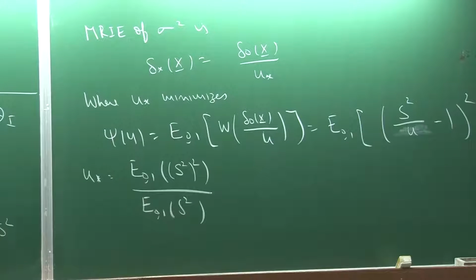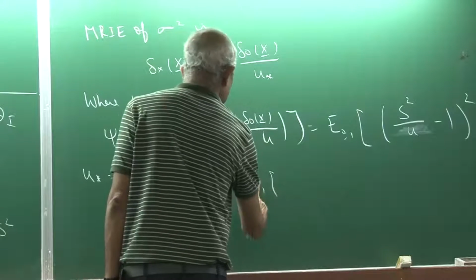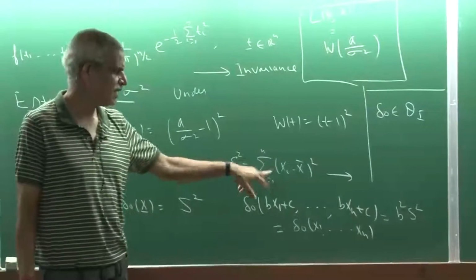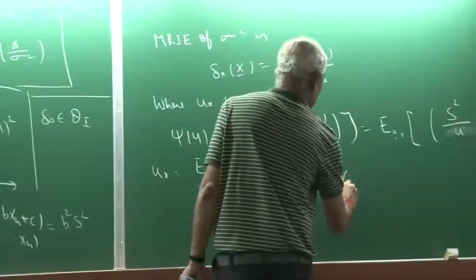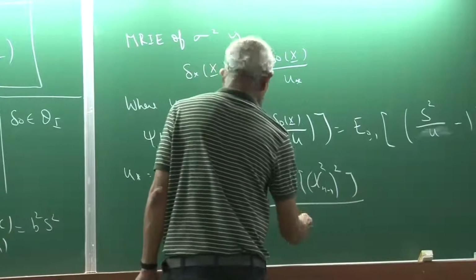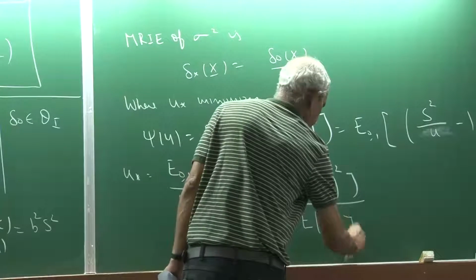Under E0,1, what is the distribution of S square? When mean is mu and variance is sigma square, it is chi square on n minus 1. So it is the expected value of chi square on n minus 1 whole square, divided by the expected value of chi square on n minus 1.